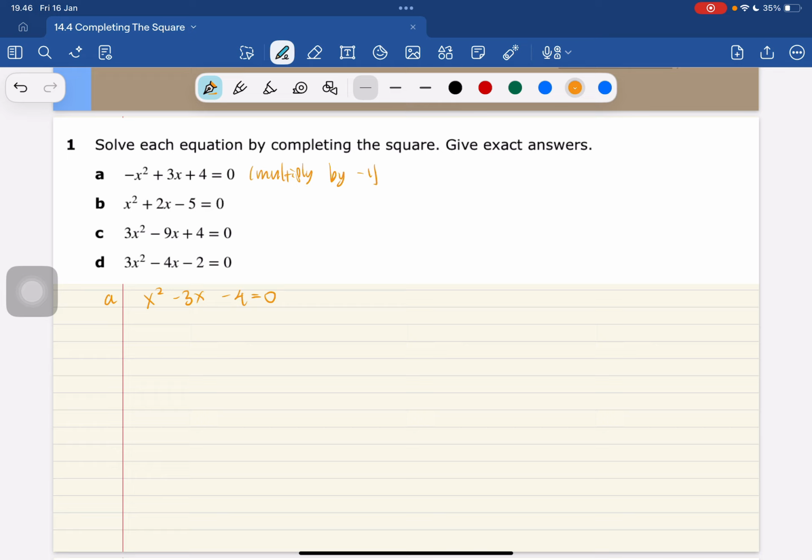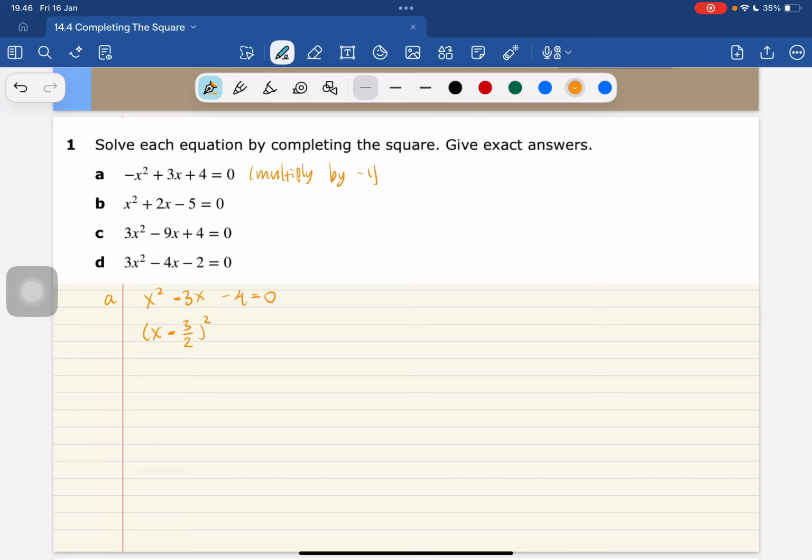the coefficient of x squared is 1, so we can just proceed with x, and since this is negative, we'll make it minus. We take half of the coefficient of x, so it's going to be 3 over 2 squared.